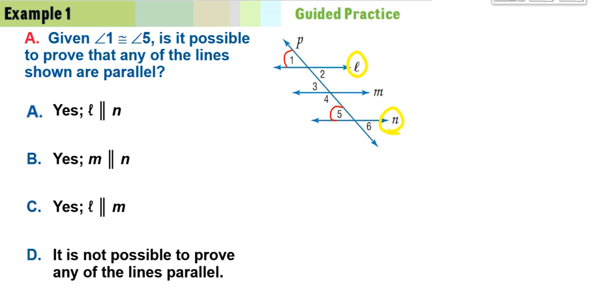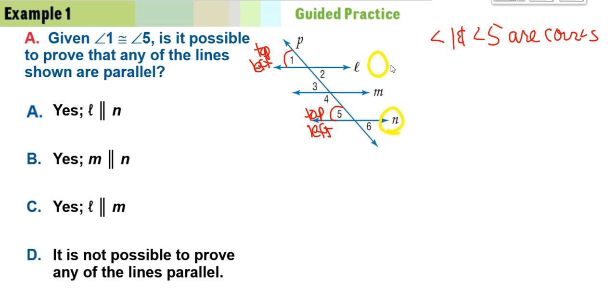And this one in its cluster is at the top left, and this one is at the top left. So those are corresponding. Angle 1 and angle 5 are corresponding angles. And by the corresponding angles postulate converse, then we can say, yes, these will be parallel lines.